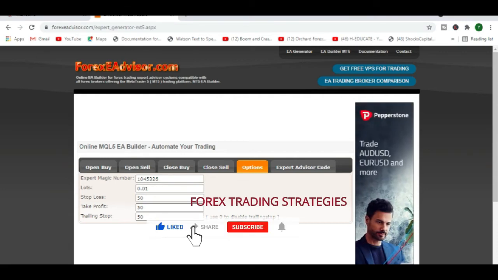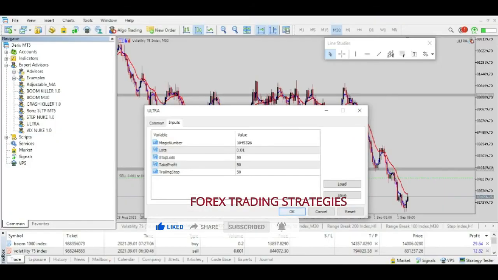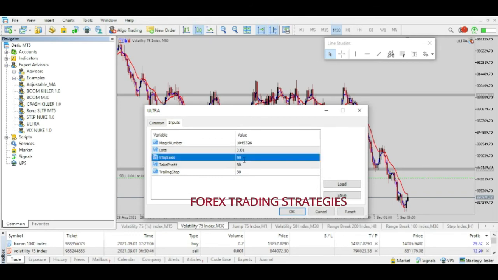Basically, you can see everything that we put here. Magic number for our trades is the same magic number, lot sizing, stop loss, and this you can actually change. Let's say that we are trading synthetic indices, whatever stop loss levels and stuff that you use.